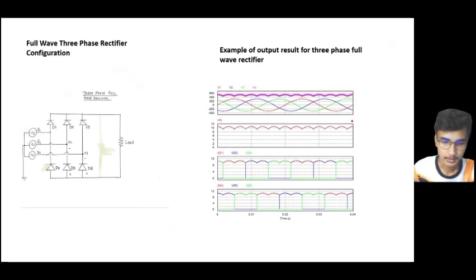The next 60 degrees after that, V2 is the largest, which makes D2 forward biased. Basically, this happens only for the half cycle of each V1, V2, and V3. For the other half cycle, the same process will repeat again.